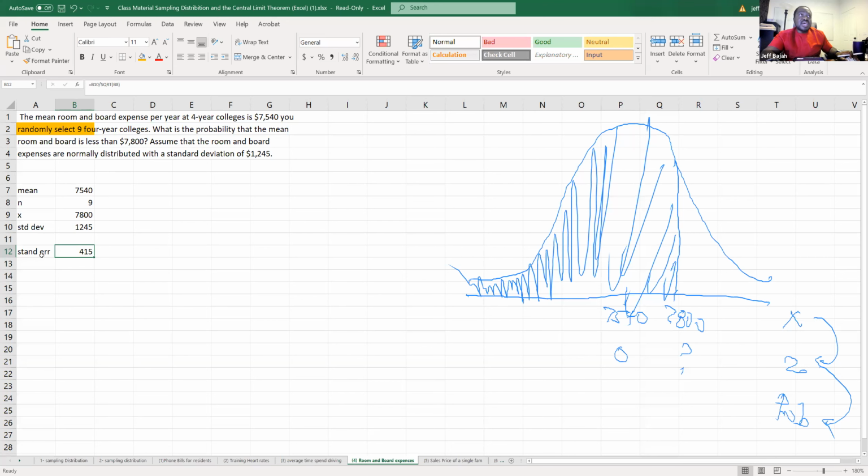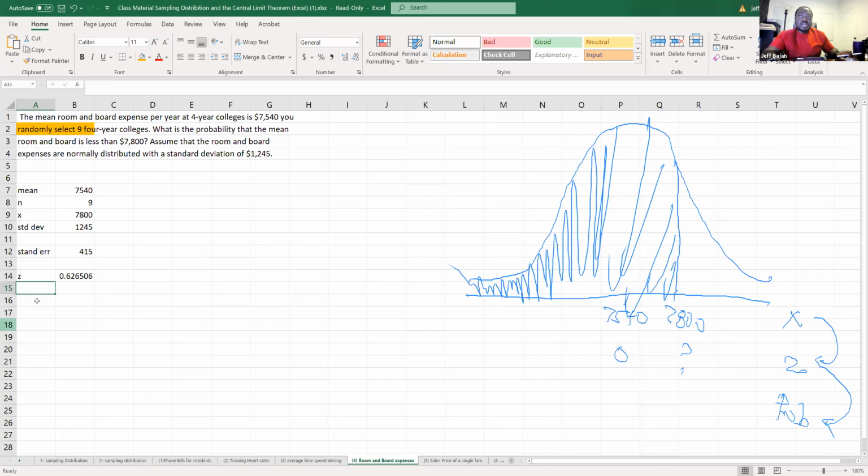Now that I have the standard error, I can find my Z value, which is my x minus my mean, divided by my standard error. And so I get 0.626506.